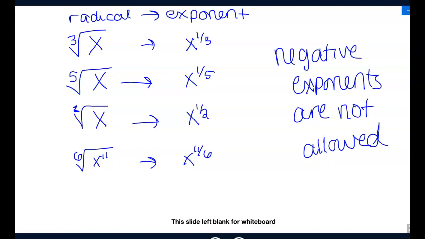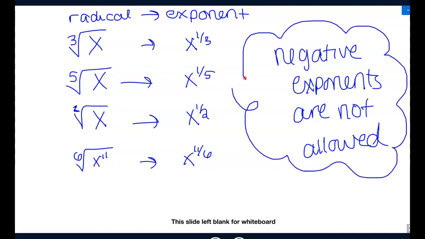So you can leave them as negative in the problem, but once you get to the final answer, you need to make them positive. So again, if you can't recall, x to the negative n is equal to 1 over x to the n, and vice versa.